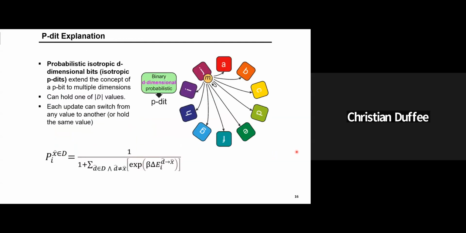So another way we can encode these variables is with something we are calling a probabilistic isotropic d-dimensional bit, or p-dit. It is similar to a p-bit, except instead of having two possible states, you have an arbitrary number of them based on the variable we are trying to represent.